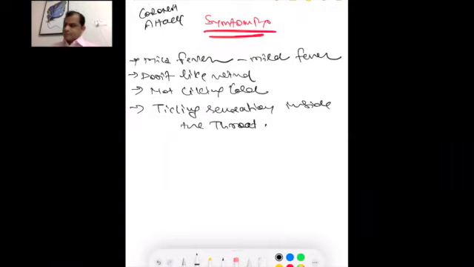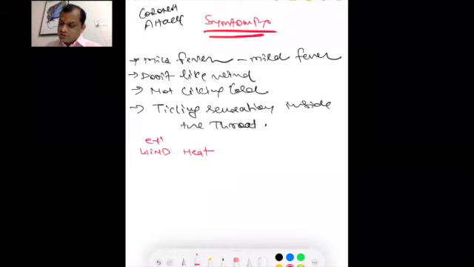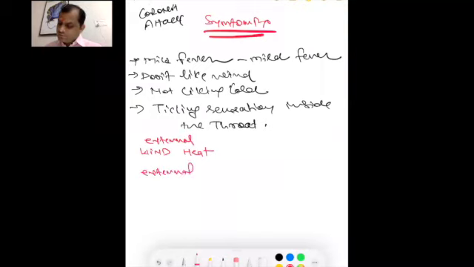So what treatment do we have to do in this phase? We have to treat external wind heat or external wind cold.